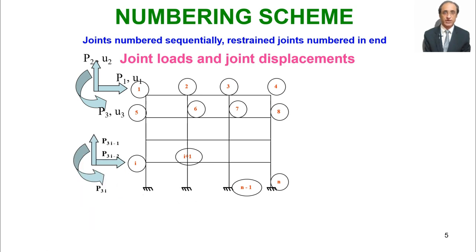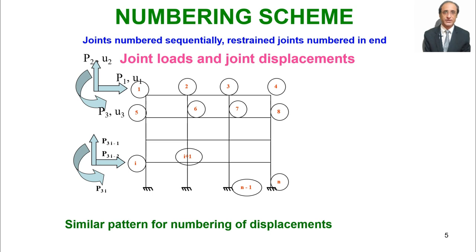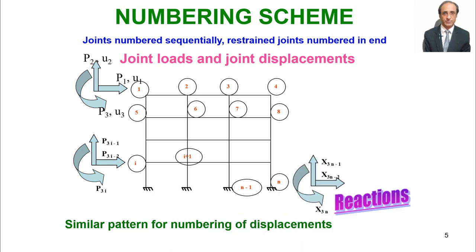If we have the ith joint, what will be the numbering associated with forces and displacements? P3i, P3i minus 1, P3i minus 2. That will be the numbering for the forces, and similarly for the displacements also. So forces and displacements follow the same subscript numbering.